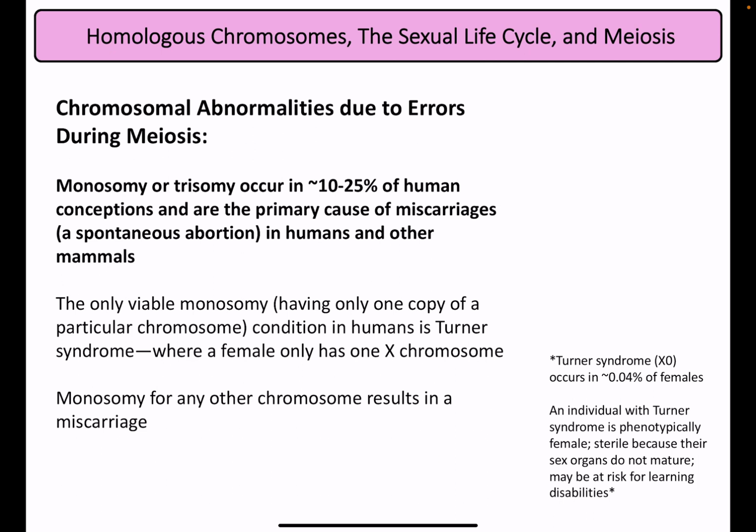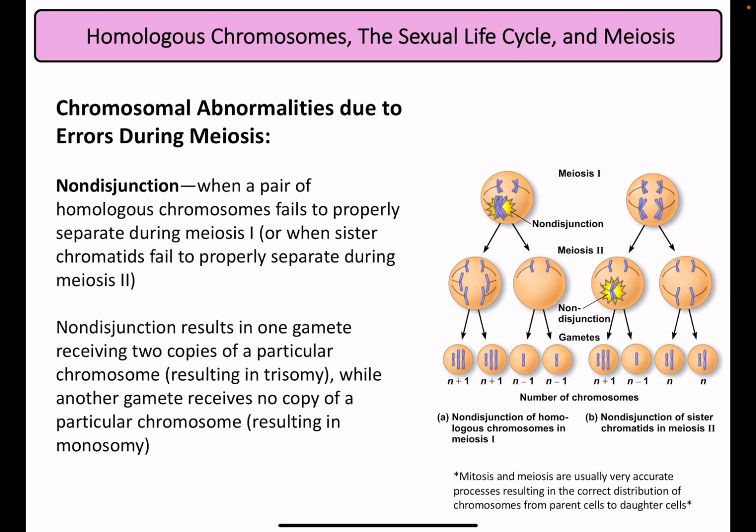And this is another issue. These are what I like to call syndromes, or conditions that are the result of abnormal numbers of chromosomes, like missing an entire chromosome or having an extra copy of a chromosome. And it's these abnormalities in chromosome numbers that arise from non-disjunction.